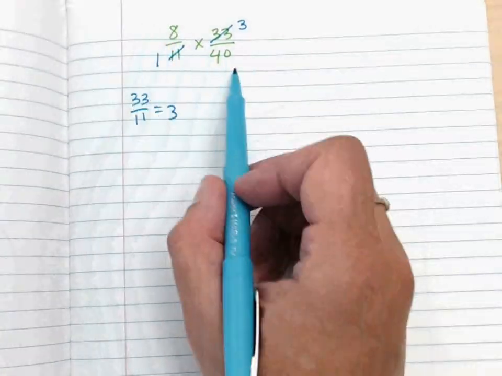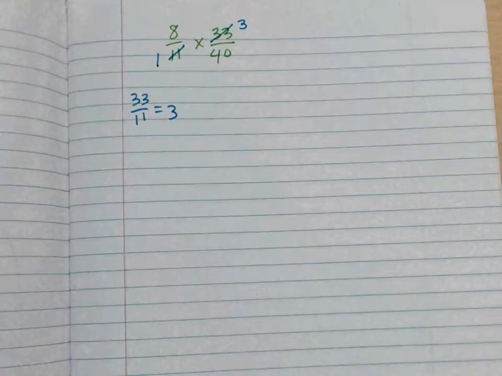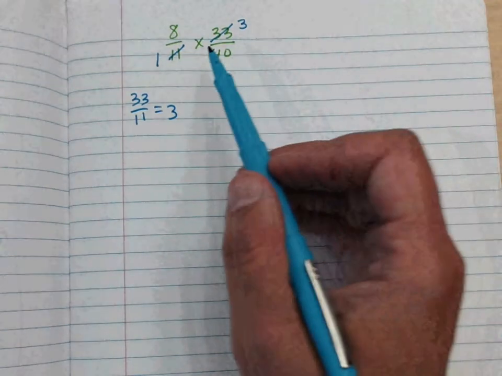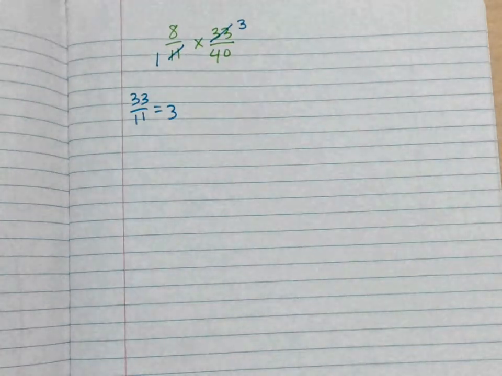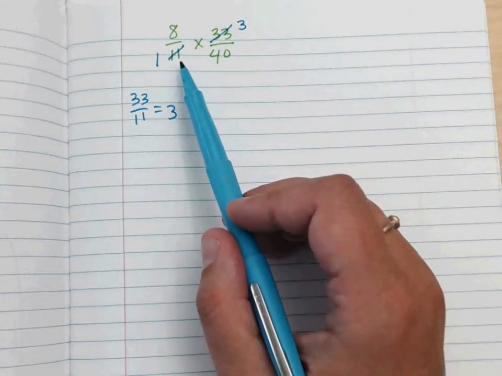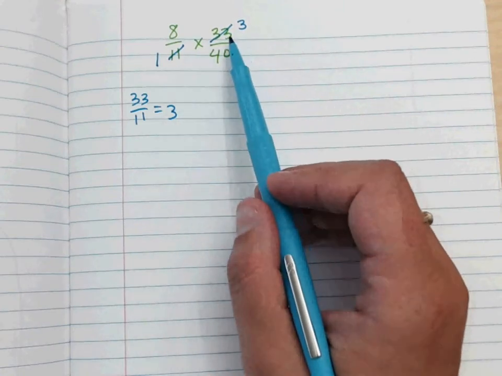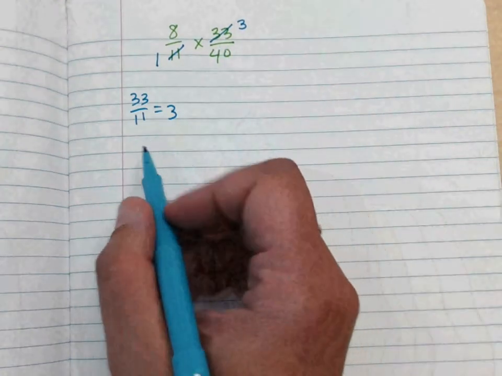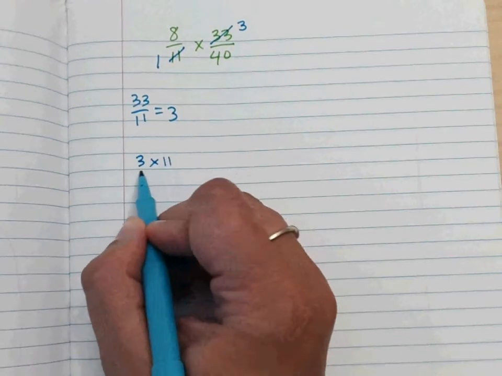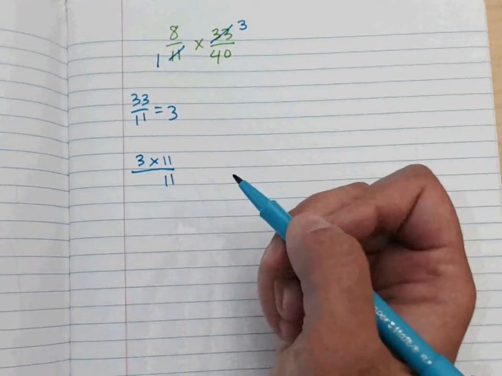What about 8 and 40? What number goes into 8 and 40? So 11 is the number. You said 3 because you're thinking 3 doesn't go into 11, right? I think where you're getting the 3 is that you're saying 3 times 11 over 11.